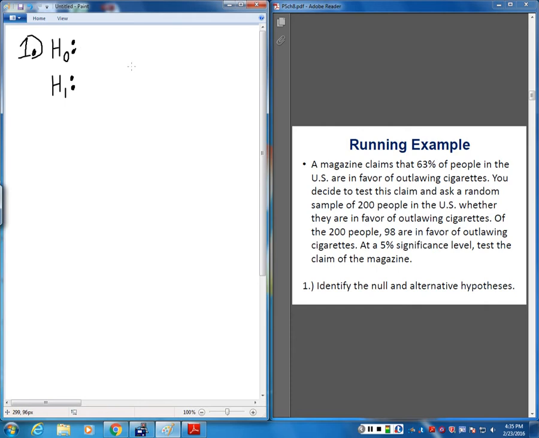This particular hypothesis test is talking about a proportion, 63%. So I'll use the symbol for population proportion, lowercase p. And the claimed proportion is 63%, or 0.63 as a decimal.